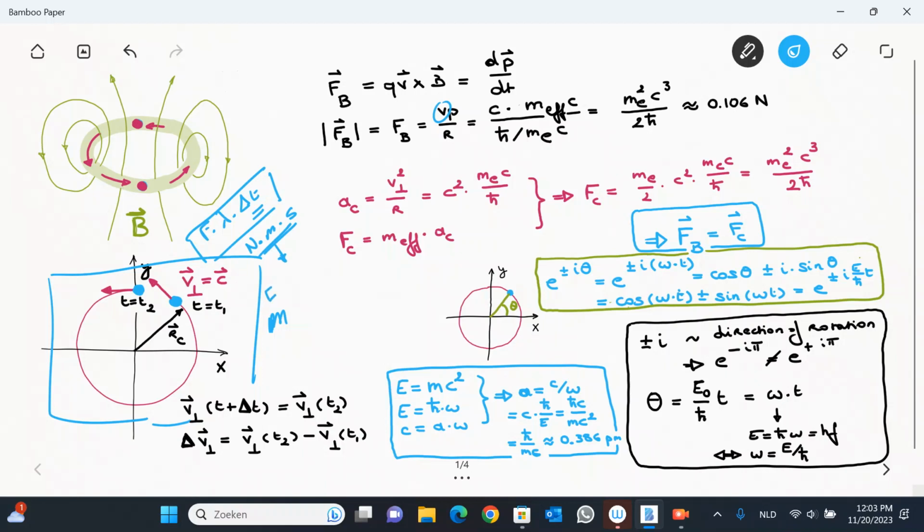So we have Newton meter second. Now that's the physical dimension of h. That's also Newton meter second.